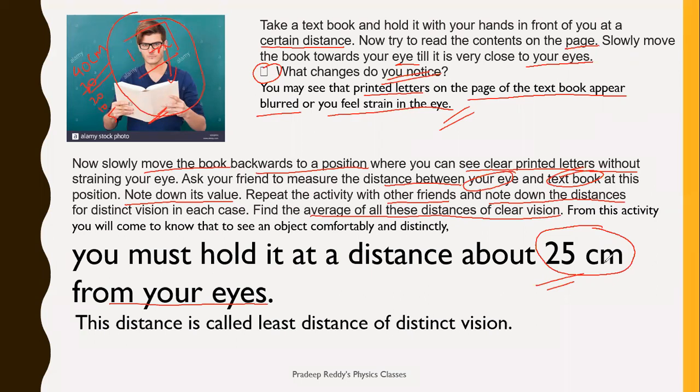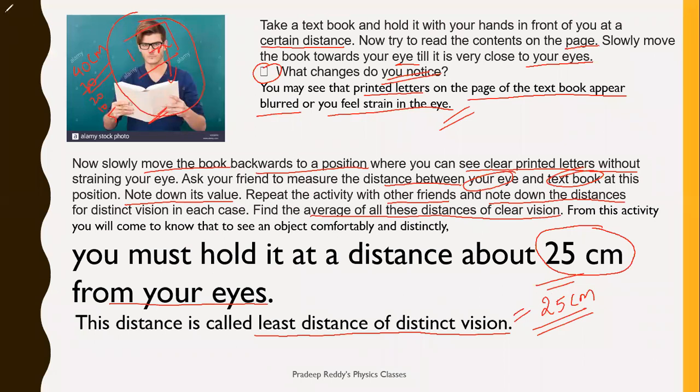So the least distance at which you can see a clear image with the naked eye is called the least distance of distinct vision, and for a normal eye it is 25 centimeter.